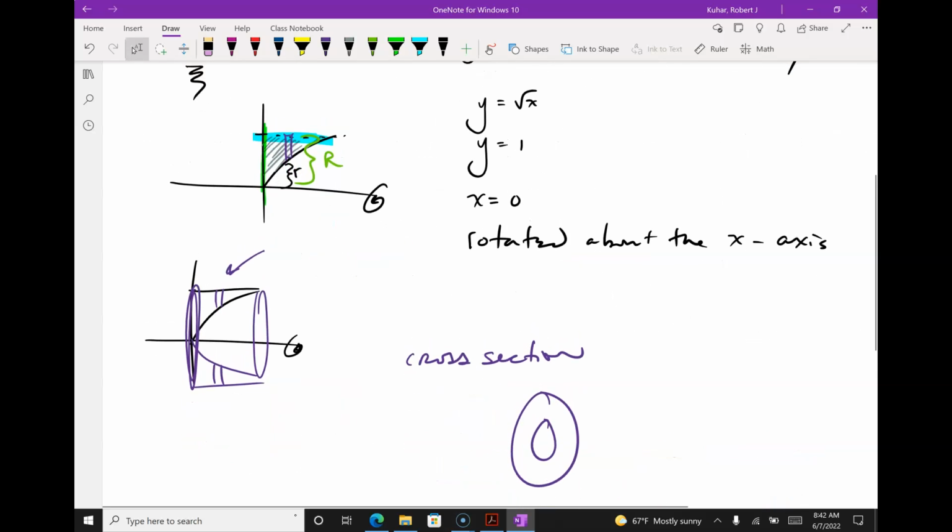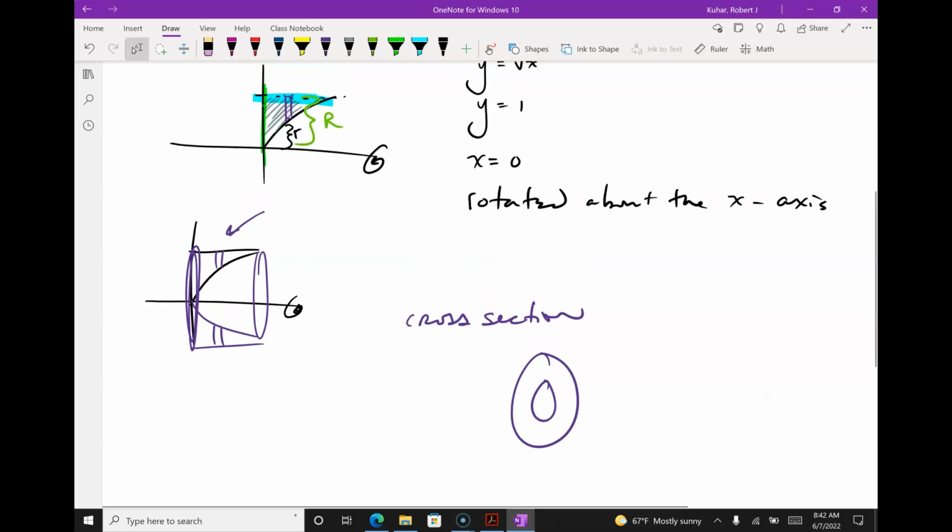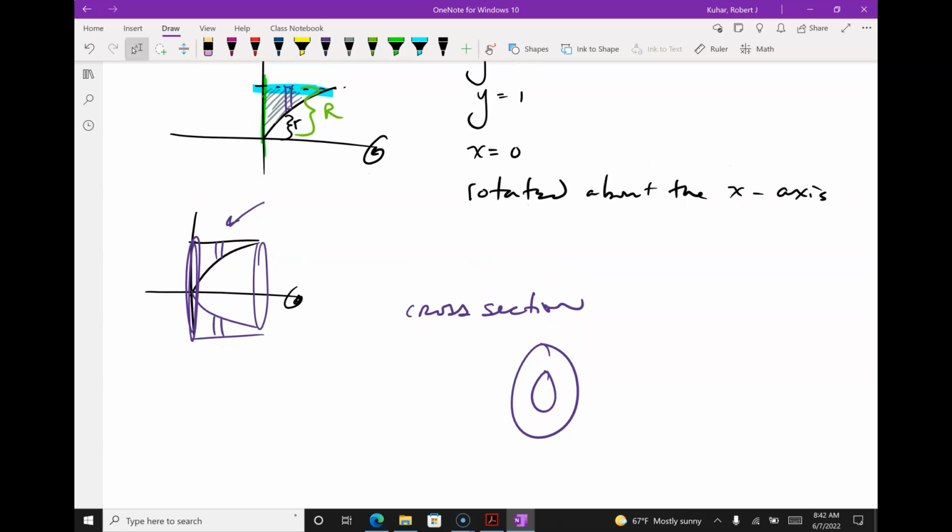So we're finding our region. We're ghosting it to kind of create the 3D volume. We're looking at a cross section to decide which formula we're using, and then we're just figuring out the radius. So first of all, I know it's a pi r squared problem, and I'm doing it with respect to x.